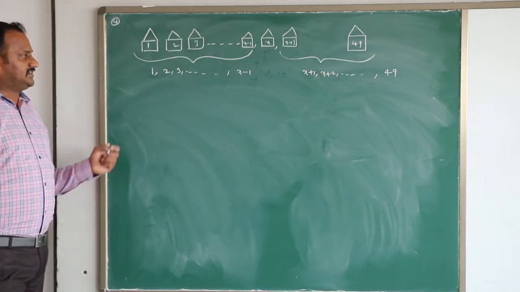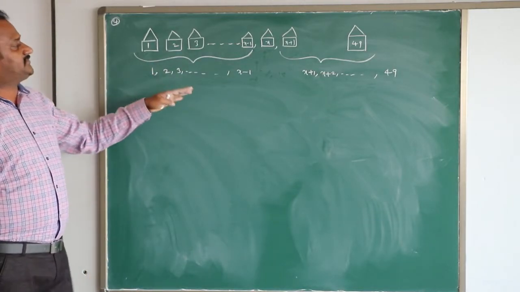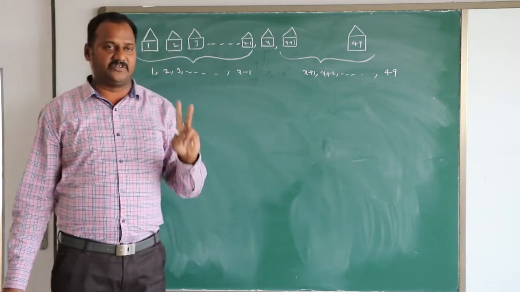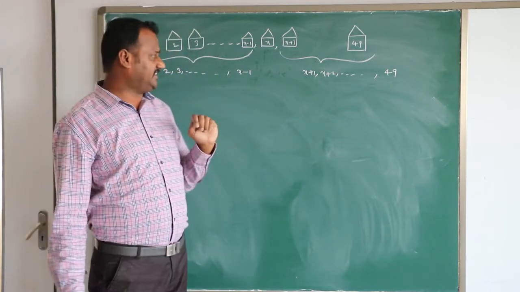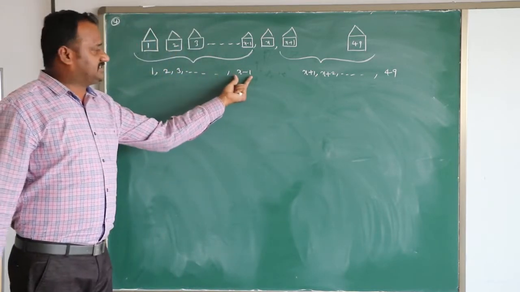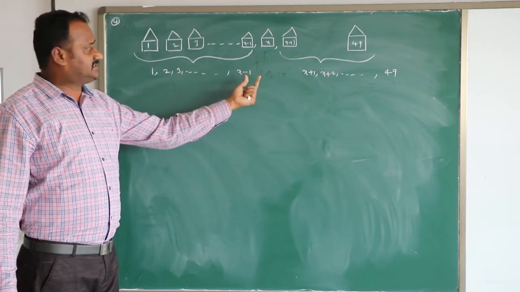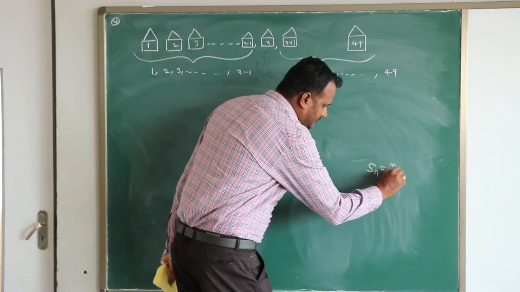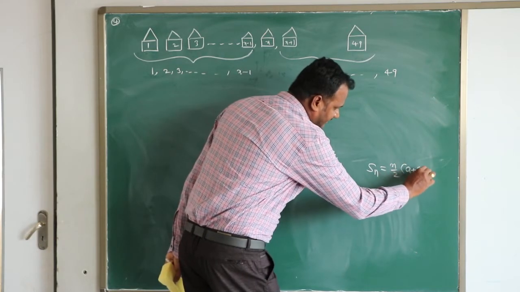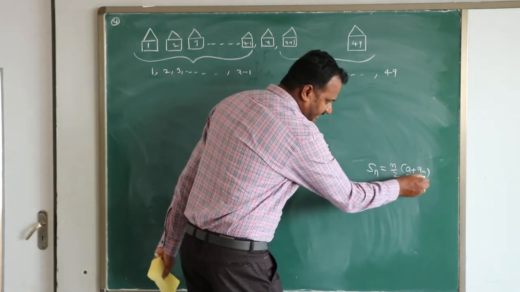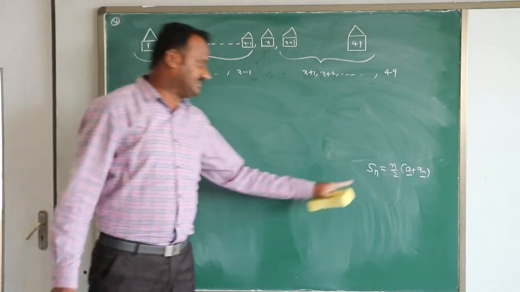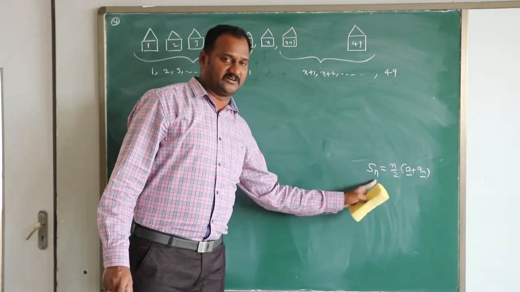First of all, is it possible to find the sum of both arithmetic progressions by using the first formula, or do we want the second formula? Say, the last number is already there in both the sequences, right? When the last number is there, then probably we can use Sn is equal to n by 2 times a plus an, because we know what is a and what is an in both arithmetic progressions. But the task is, what is n? Number of terms equal to how much?